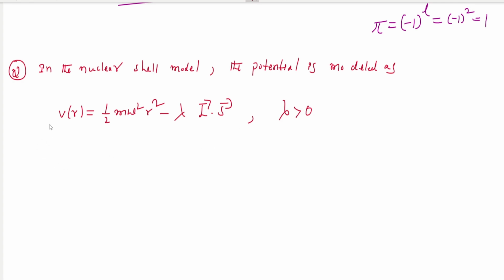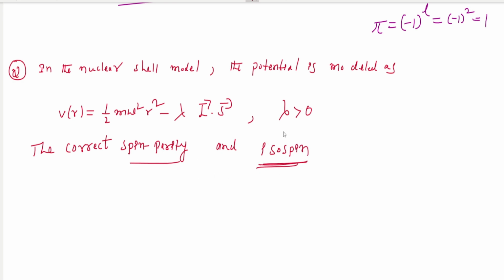Okay, so they're framing this question like the correct spin parity and isospin, so isospin of the ground state, carbon.